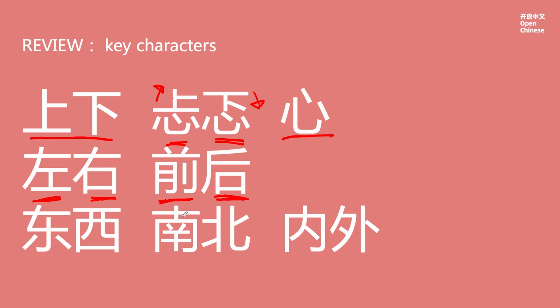东西, east, west, or when you put together 东西, stuff, because in the Tang Dynasty people went to the East Market and the West Market to buy stuff. So gradually 东西, east and west combined together, means to shop, and then means the things you shop, and it gradually becomes today's meaning, things or stuff or thingies. 南北, south, north.